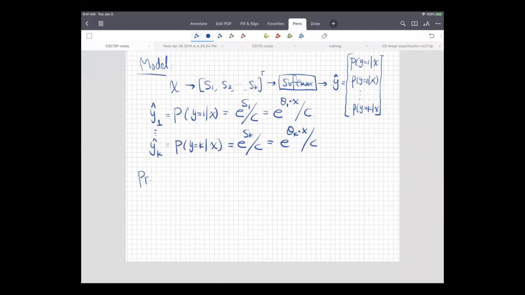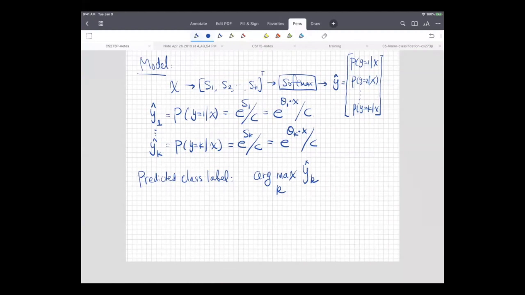So find our predicted class label. You can do argmax here, going over all the indices to see which one gives you the largest probability.